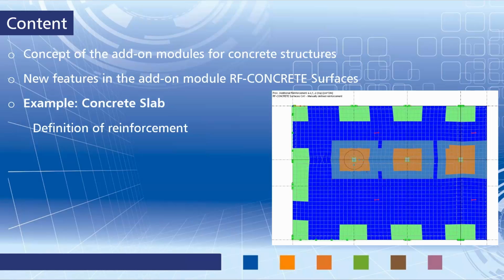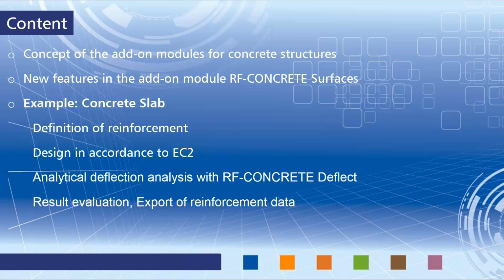It is an example of a concrete slab, and in this example I will show you how to define reinforcement, how to design in accordance with the Eurocode 2, and how to do an analytical deflection analysis with RF concrete deflect. Of course, we will also look into results, and I will show you how to export the reinforcement data.